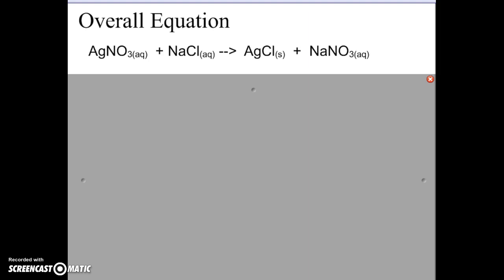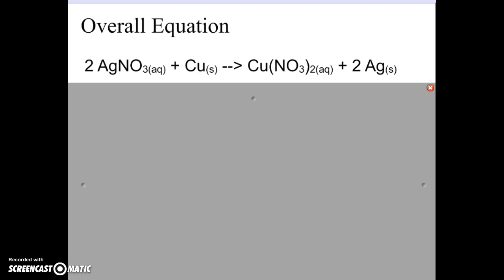Going to the next step of looking at overall balanced equations, this is an example of a double displacement, and a second example of a single displacement reaction.